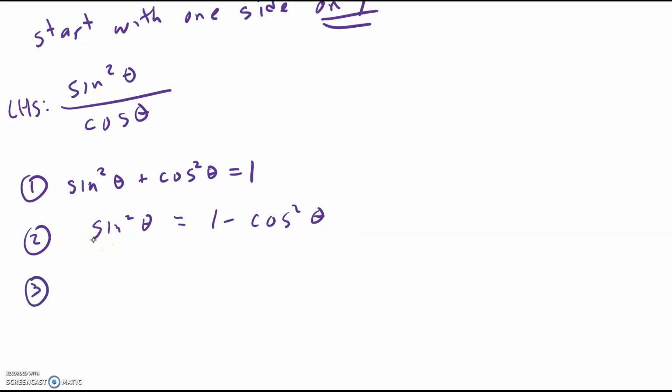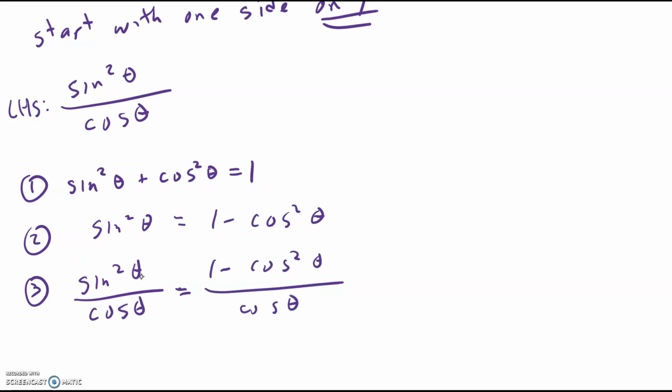All right. So now that I've established that sine squared is equal to 1 minus cosine squared, my next statement is going to be that sine squared theta divided by cosine theta, which is the thing I'm starting with right there. Well, it's also generally accepted that if two things are equal, then you can replace one with the other. So sine squared, I can replace with 1 minus cosine squared theta over cosine theta.